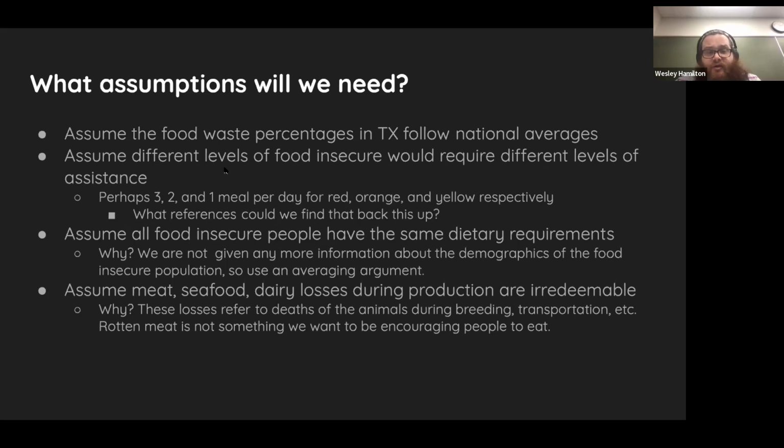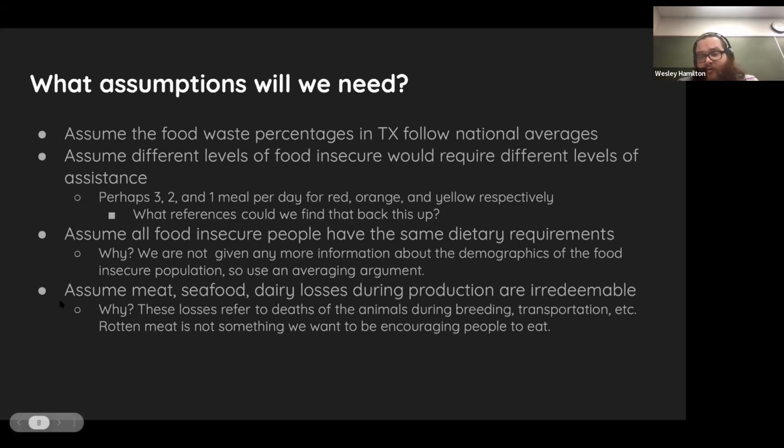Okay, and so maybe they need different meals per day, etc. And so part of that would be, well, if we really want to use this assumption and really talk about different levels of food insecurity, right, maybe we need some extra data to back this up and say that, yes, this is a valid assumption. This is how food insecure populations work, etc. You can also assume, well, all food insecure people have the same dietary requirements. Okay.